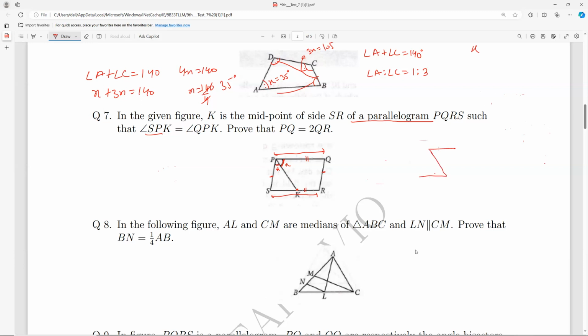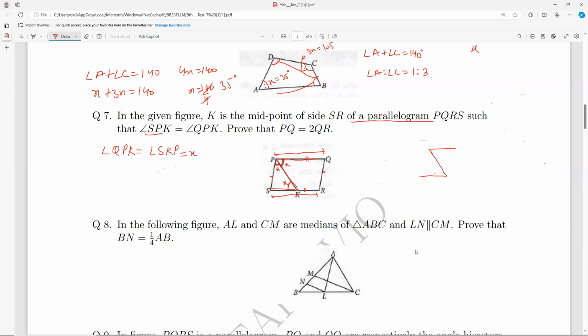So, by alternate interior angles, this will also be angle X. So we'll say that angle QPK will also be equal to angle SKP, which is X. Got it? Yes, sir.